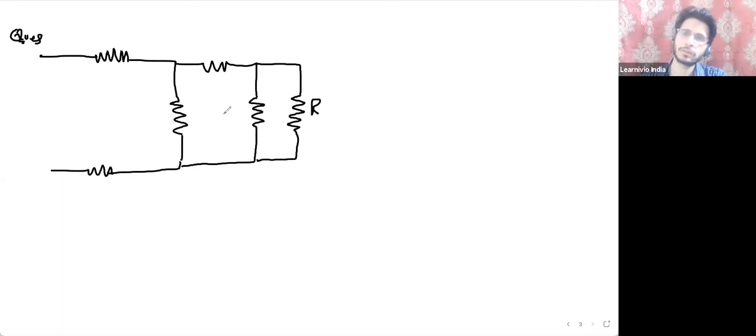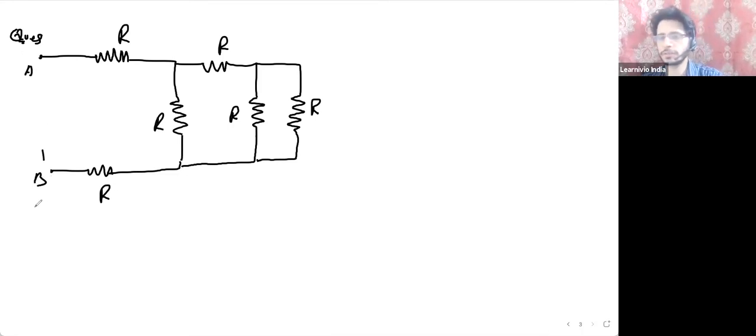This is R, this is R, this is R, this is R. It should not take more than 2 minutes. Just solve it. Calculate equivalent resistance across AP. Method is same. It's just instead of capacitor, you have resistors. Fast. And write your answer in the chat room.